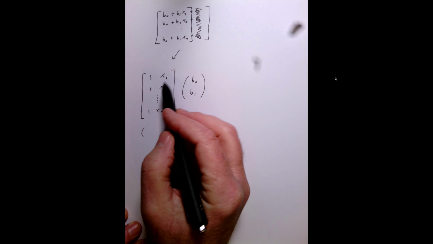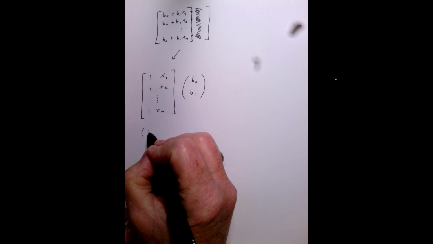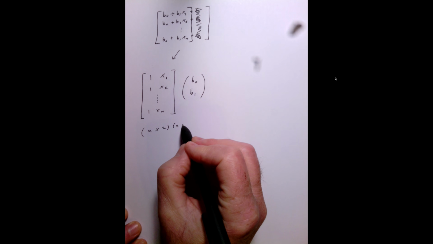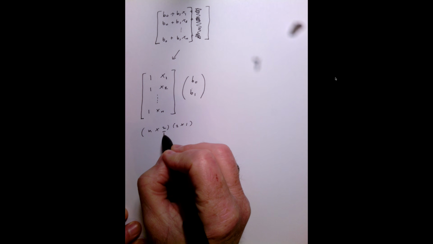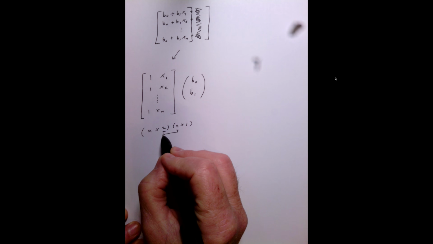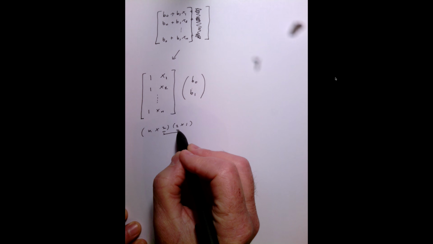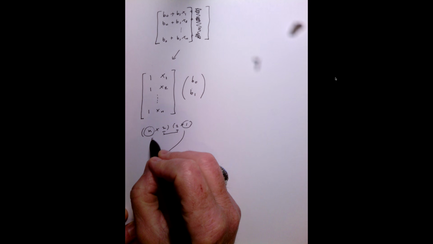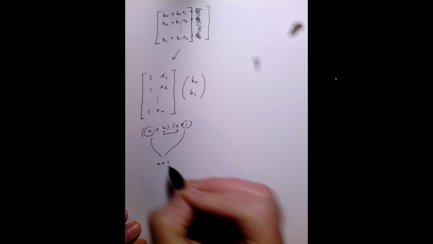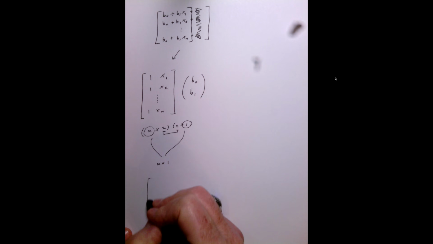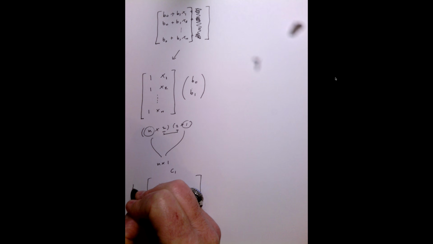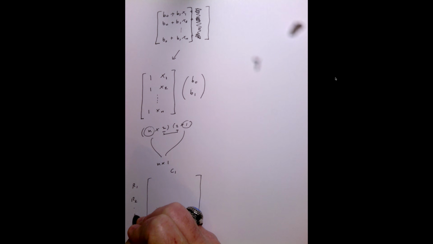Here we have an n by 2, and here we have a 2 by 1. The number of columns of the first and the number of rows of the second are equal. So the product matrix is going to be an n by 1: one column, row 1, row 2, down to the nth row.